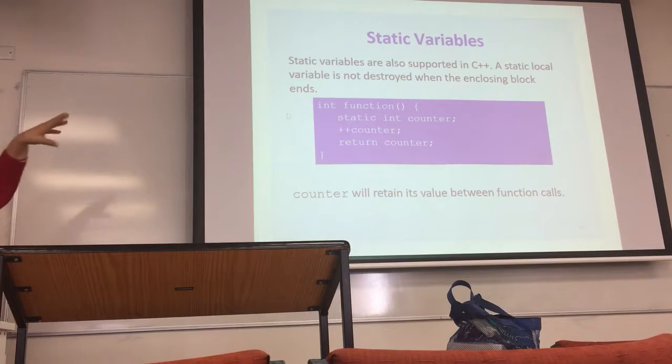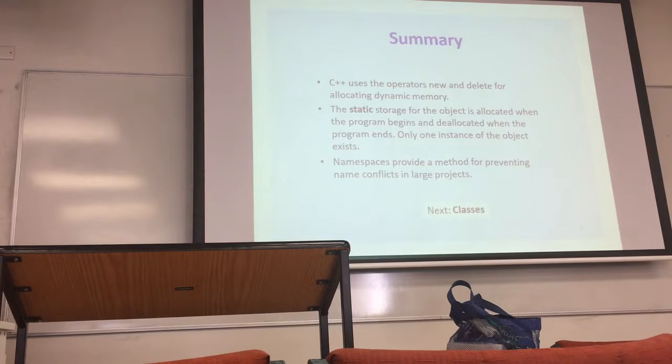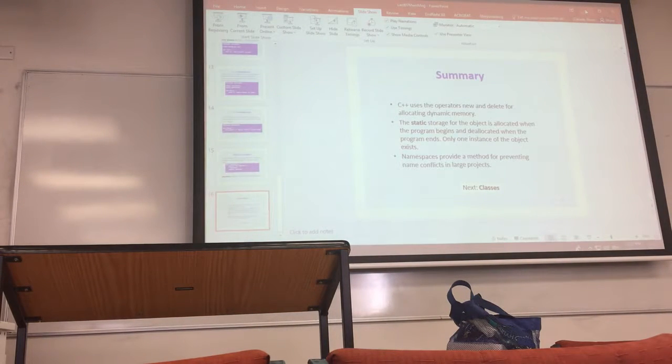If I have main somewhere, I invoke the function, it does a job, and then in main I invoke counter. No, no, no. Counter is not allowed in main because it's not declared in that scope. So be aware of these bits and pieces, and namespace, which is used to prevent name conflicts, in particular in large projects for which C++ is suitable.